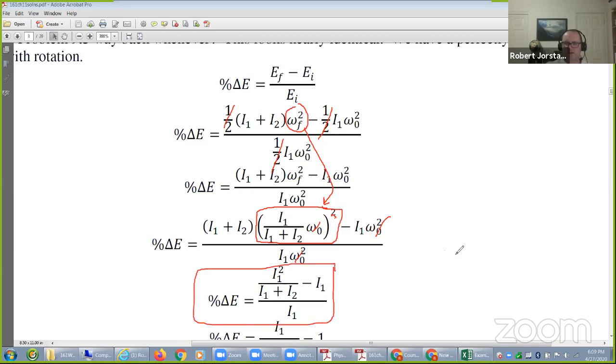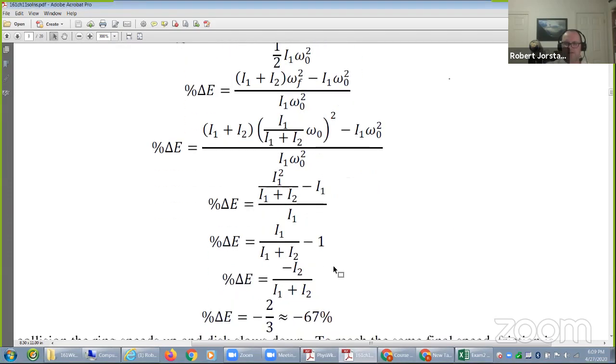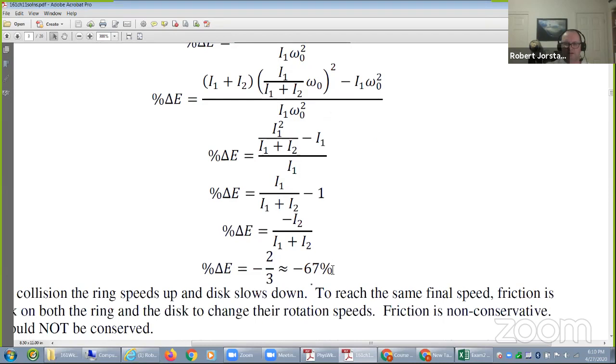It looks like it's going to be horrible, and most of these take this form, okay? And so then, whoops, here's the final result. We lose 33% or lose 67%. So notice the change is negative 67. That's the same thing as losing 67. So you don't lose negative 67.